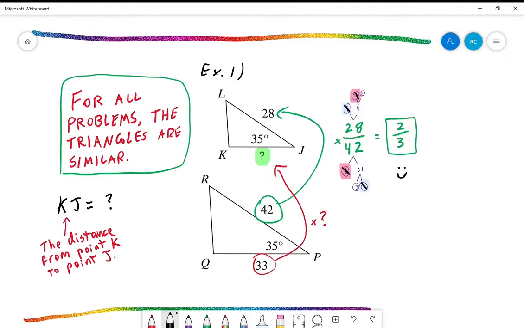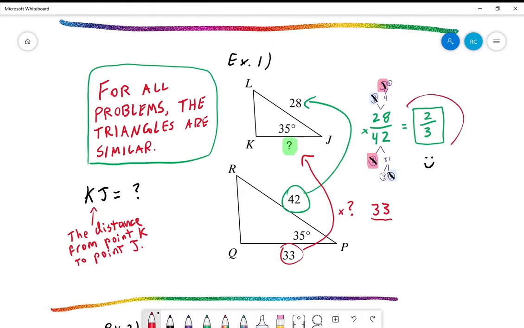Because now we know that we can take this 33 here, which is 33 over 1. Remember, all whole numbers are fractions, because everything is divided by 1. And now that we know what our multiplier is, we can apply it. We're going to take 33 over 1 and multiply it by 2/3.